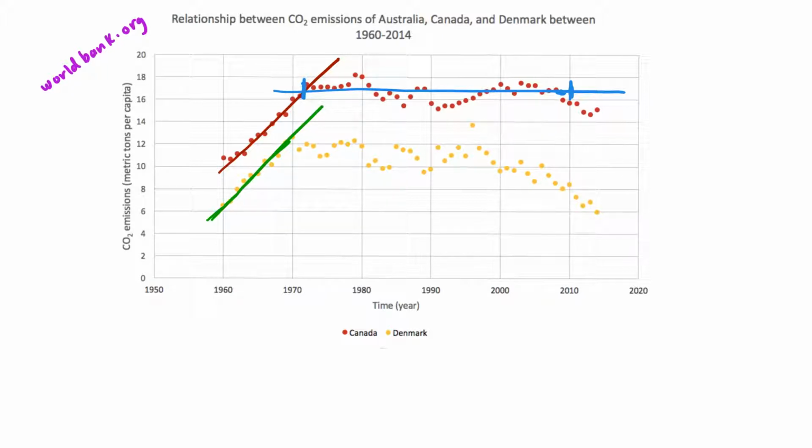That might be a good thing or a bad thing depending on how you're interpreting this. If you are thinking that the emission should be decreasing, this is a bad sign, meaning that it's not changing, so that's not a good thing. However, if you take into account that the slope was pretty high between 1960 and 1970, so there was a high increase, and then all of a sudden we managed to change that increase to 0, so nothing has been changing.